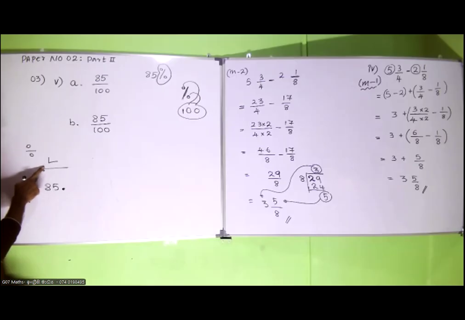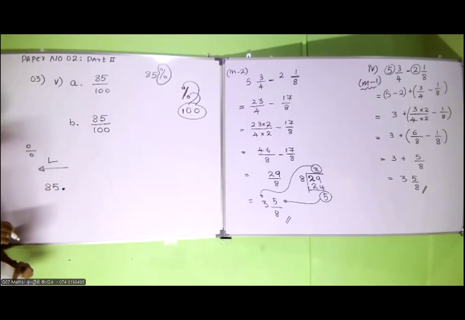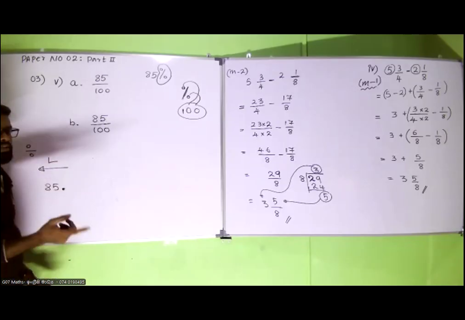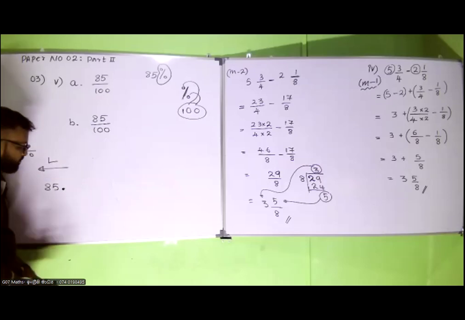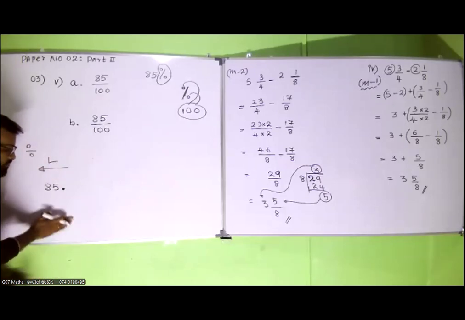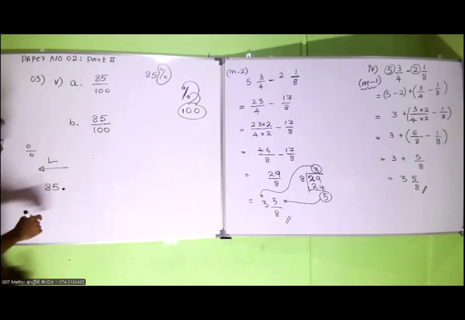Now you need to figure out how many times you need to jump. How many zeros are there for 100? 2 zeros. So you have to jump 2 times. 1, 2.